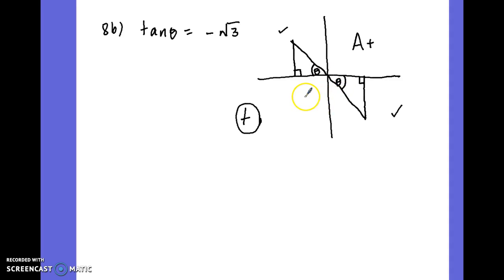Okay, so it's just a matter of finding out the position where tan theta is negative root 3. So how do you do that?